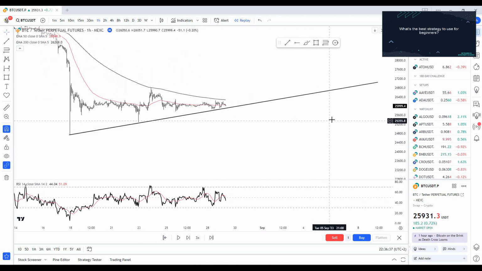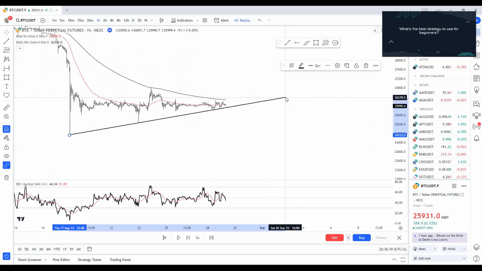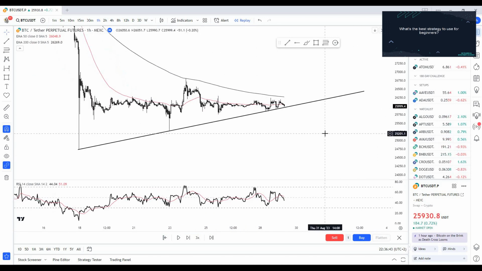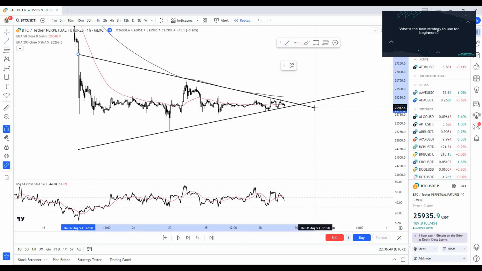Let's say this is the chart you are looking at, and you see that there is a lower trend line, and maybe there was also a higher trend line. This forms a pattern.